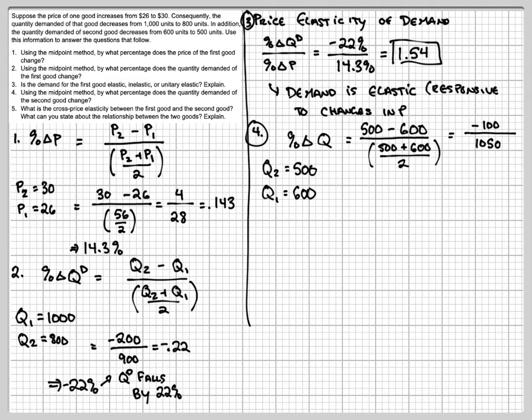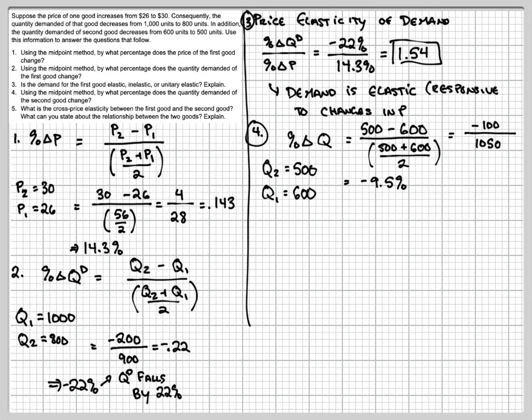Again, if you throw that into a calculator, negative 9.5%. So Q dropped by 9.5%, or there's a negative change of 9.5%.